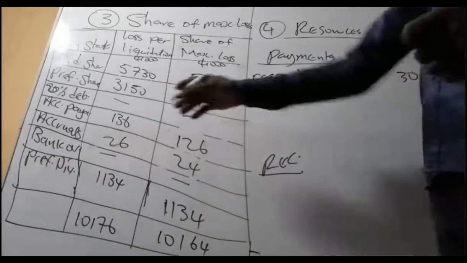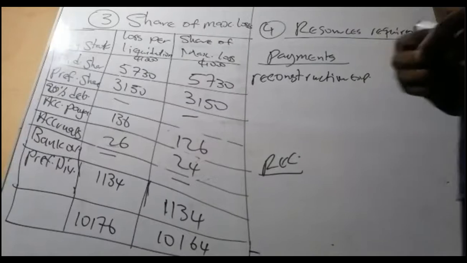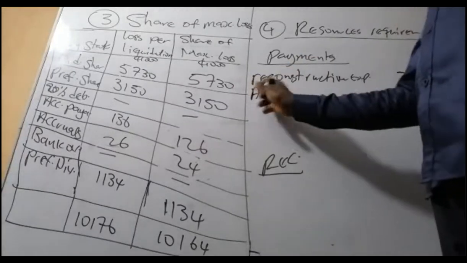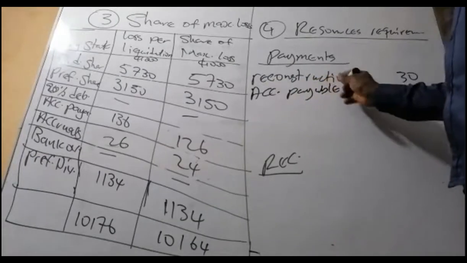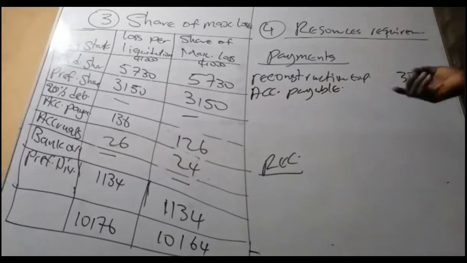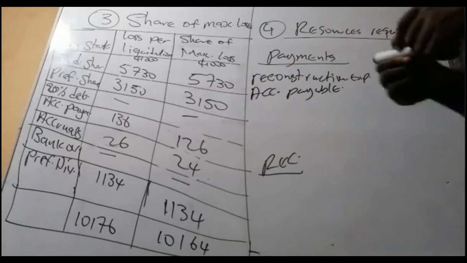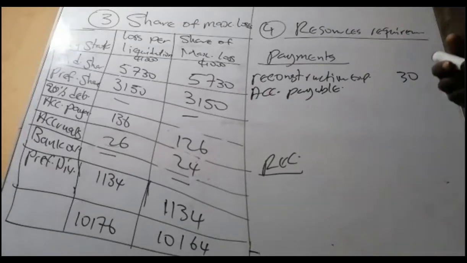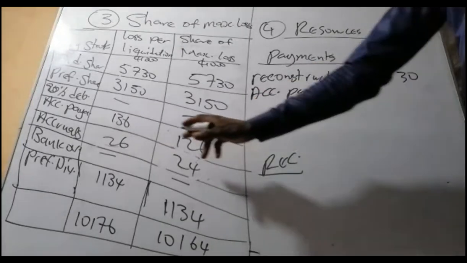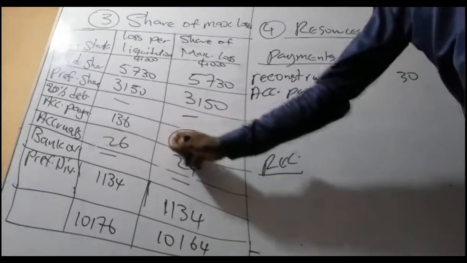So let's pay the accounts payable and then the accruals. Accounts payable, how much should you pay them? What's the total amount that we owe them? 3,200. So should you pay all of them? But we are reducing their value by 126, right?